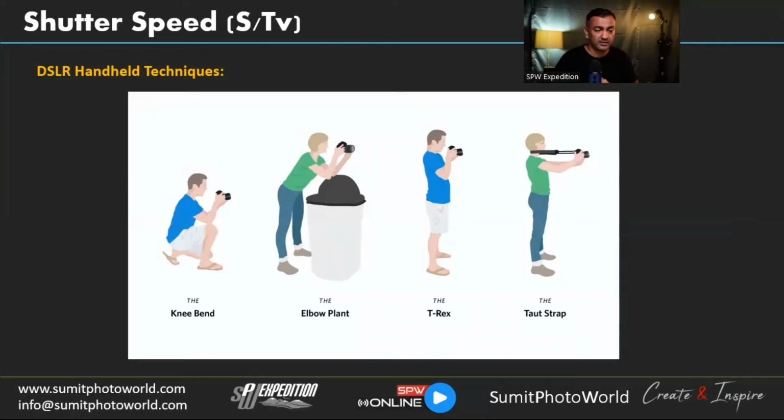The T-Rex is a quite orthodox way where we place our elbow near the body and make our hand like a platform for the device, and the fingers must be free where you are holding it. Because I'm using my left hand, I make sure my thumb and fingers are free to work with the focusing ring.